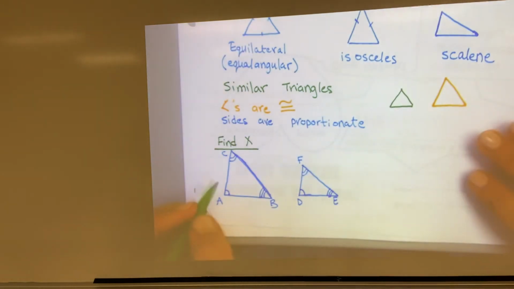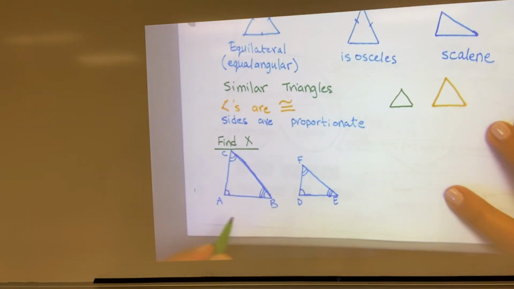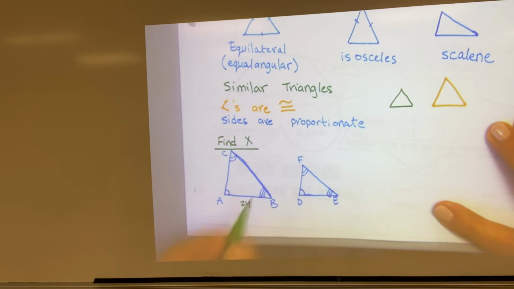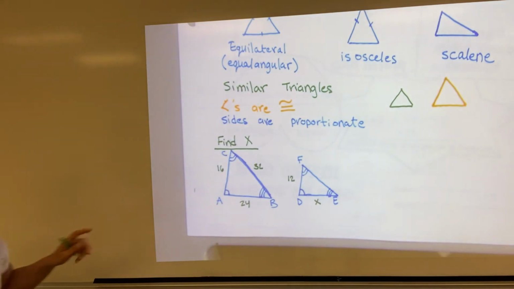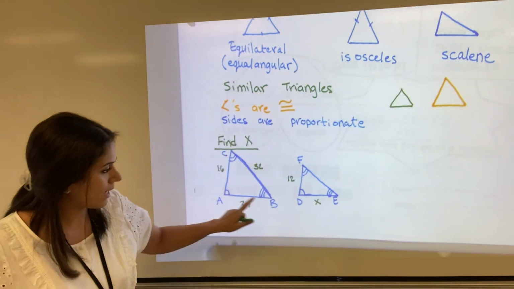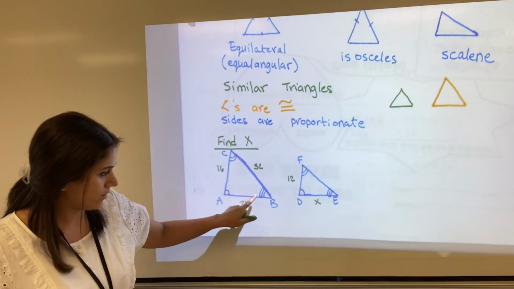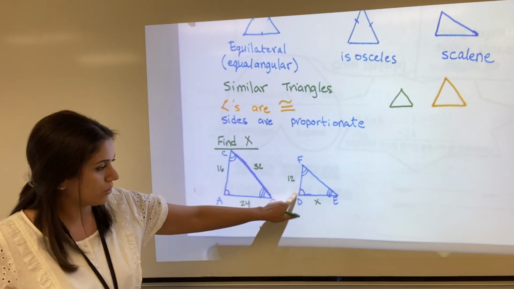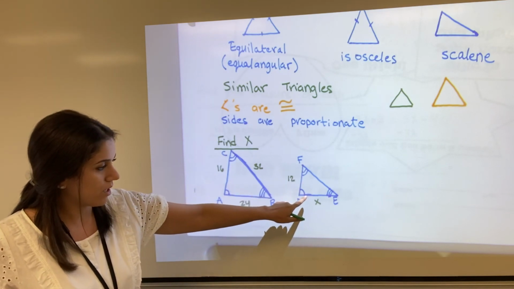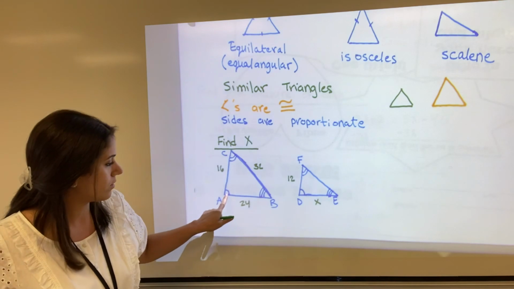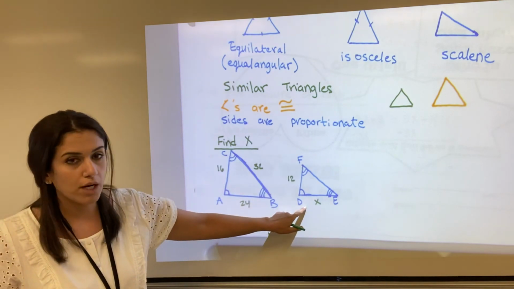The lengths of the sides for triangle ABC are 24, 32, and 16. And here this is x, and this side is 12. So as I can see, all corresponding angles of this triangle are congruent to the angles of the other triangle.